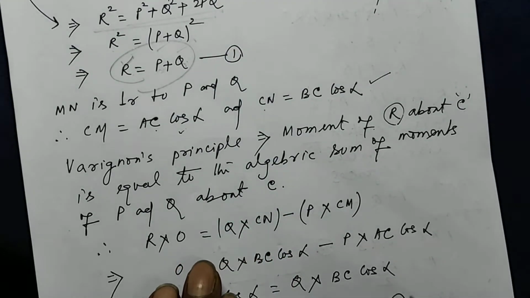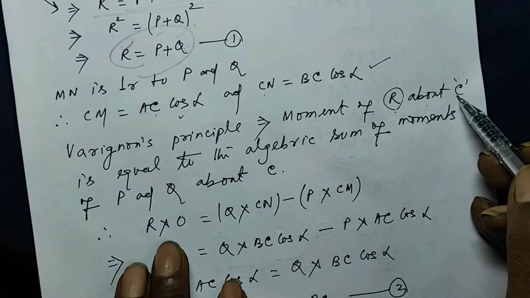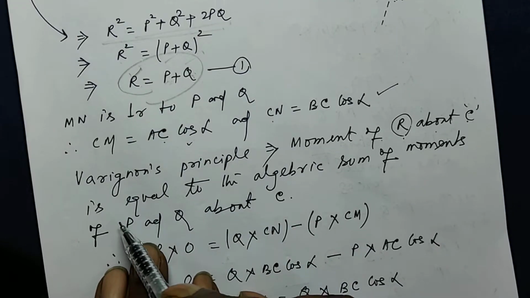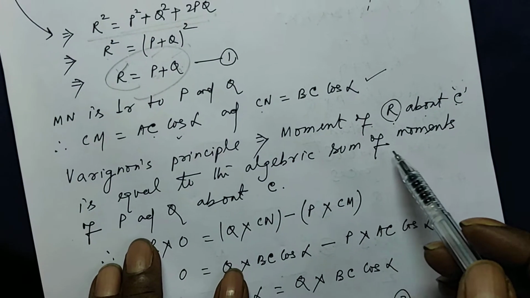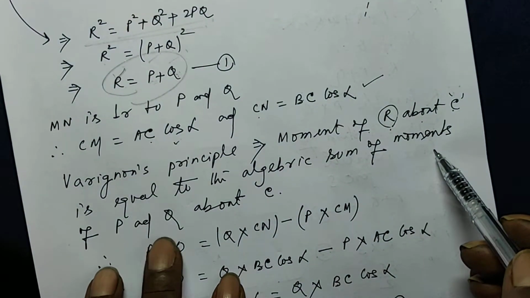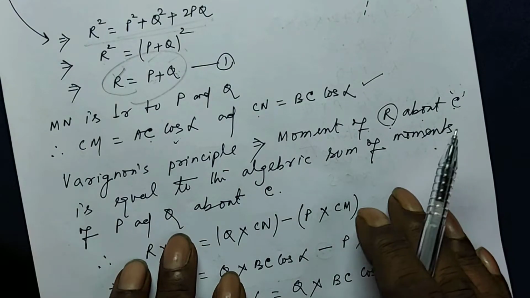And the principle says the moment of R about C should be equal to the algebraic sum of moments of P and Q about the same point.